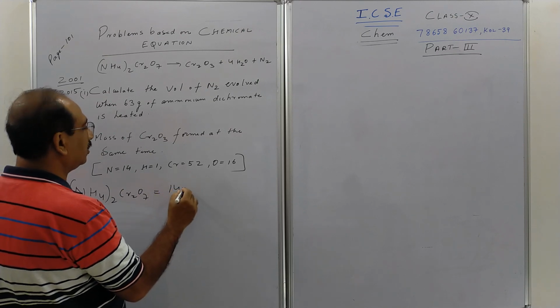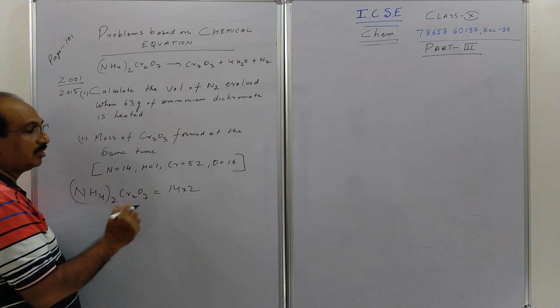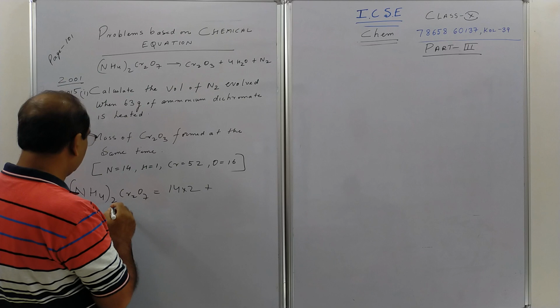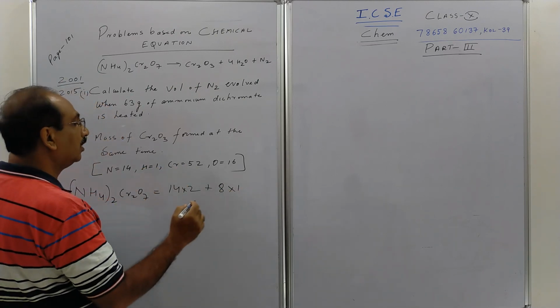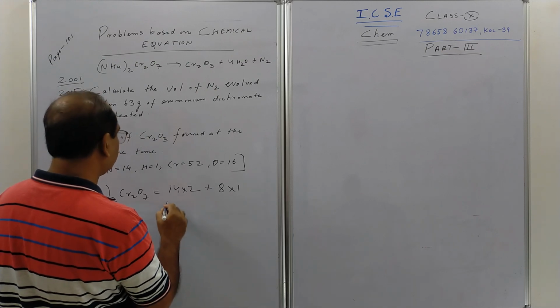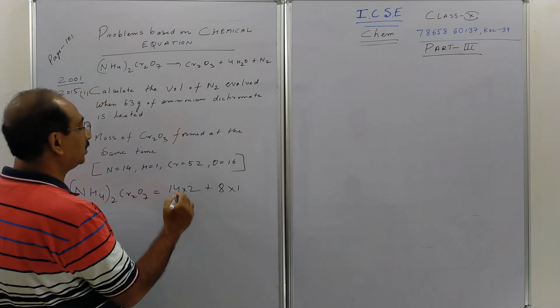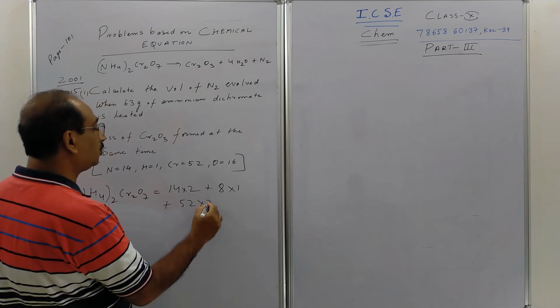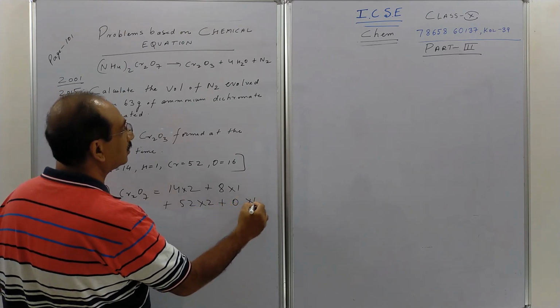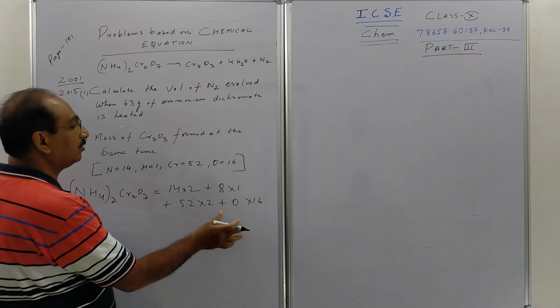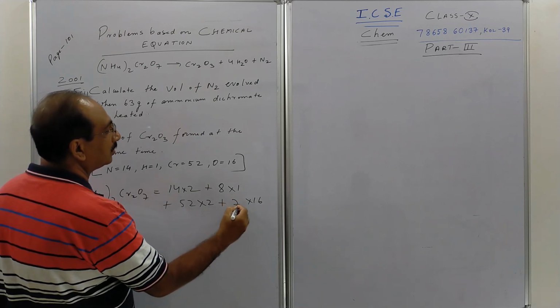So the atomic weights are given. Nitrogen is 14 into 2, then 4 hydrogens, 4 twos are 8 hydrogen. Hydrogen is 1, children, plus chromium is 52 into 2, plus oxygen is 16. How many oxygens do we have? We have 7 oxygens.